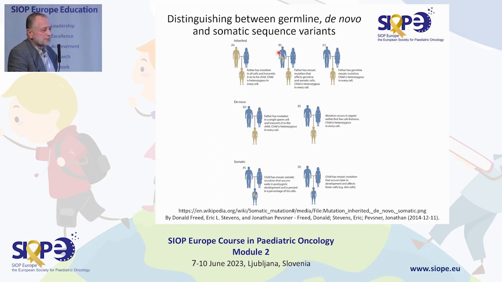You can distinguish between germline, de novo, and somatic sequence variants, where de novo and somatic can be more or less the same thing. So if something is inherited, you have a father here, who is a mutation carrier in all his cells, and of course the germ cells are also. So his son or daughter, they're always heterozygous carriers.